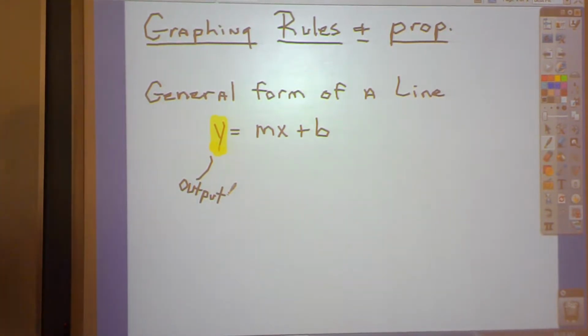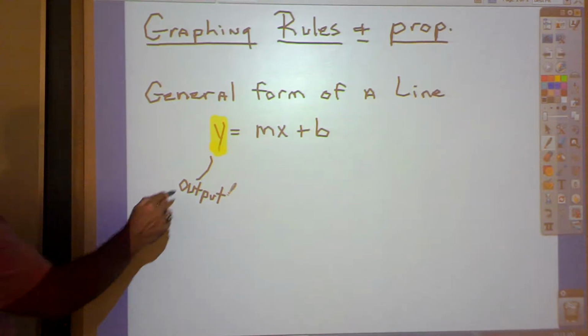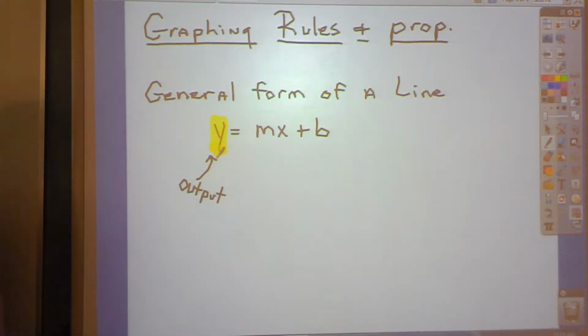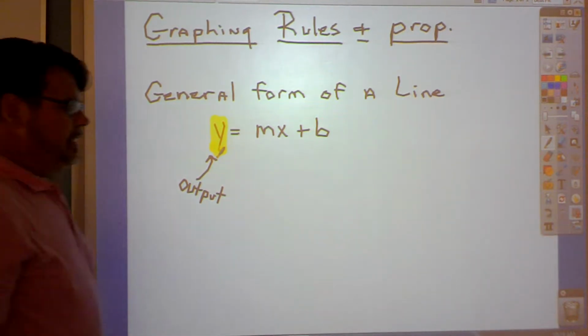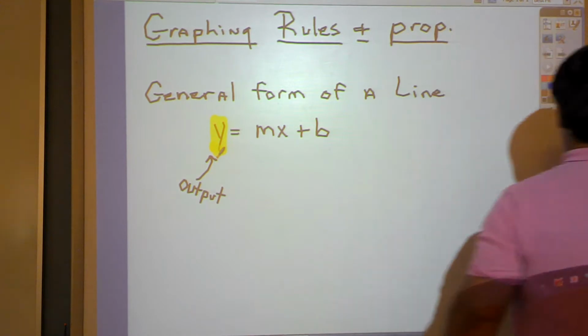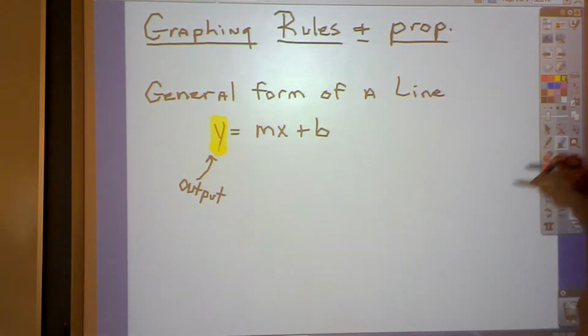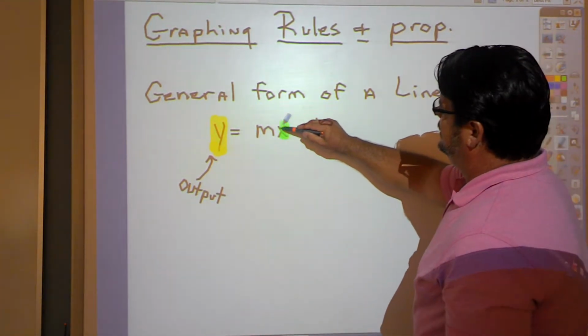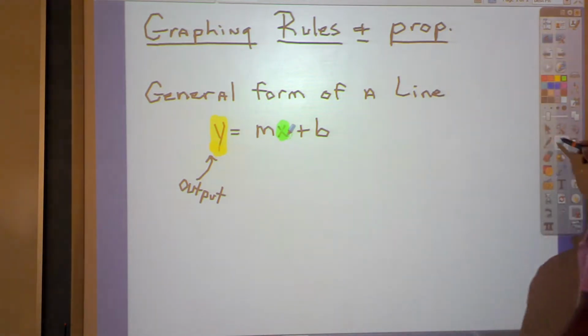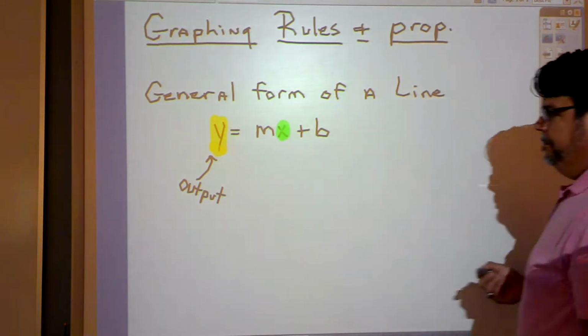In other words, when we put in x, we're going to get a number for y. So I'll go ahead and highlight the x. That x right there is our input.